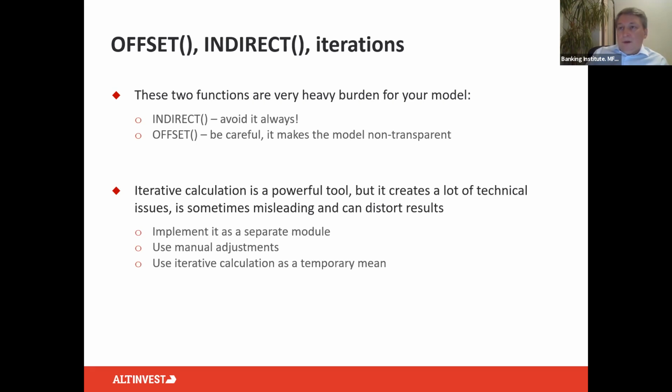Second, it makes the model harder to control, because for example, I have an auto-fitting loan, so my loan always covers all my cash needs. Then I change something in my project, and I don't see that I don't have enough money, that I have negative cash because of a high investment rate or lower sales and so on.